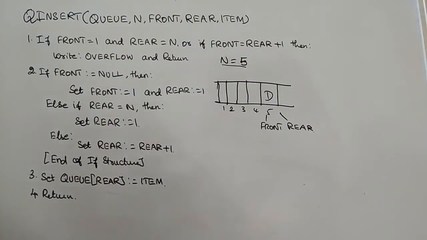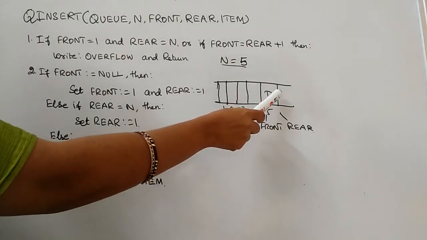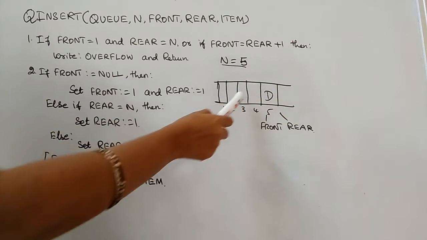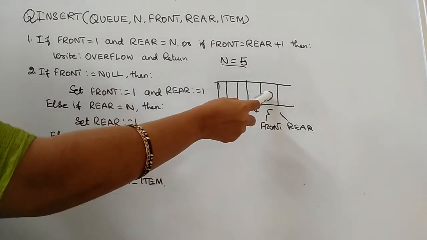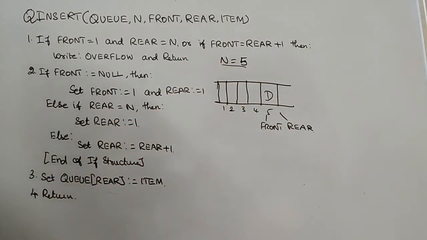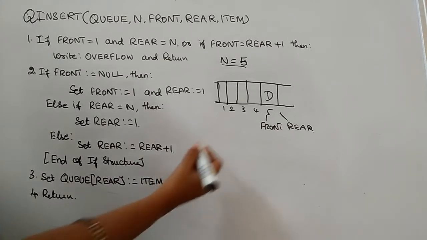Consider that I am going to delete this D from the queue. Whenever a deletion happens in a queue, front will be incremented by 1.